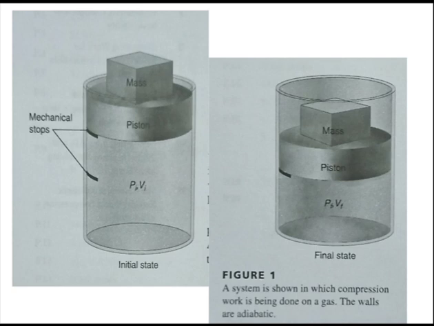As the gas is compressed, the height of the mass in the surrounding is lowered and the initial and final volume are defined by the mechanical stops. So this mechanical stops, initially system is here. When the compression is done, this piston comes to this stop. So this mechanical stops gives idea about initial volume and the final volume.